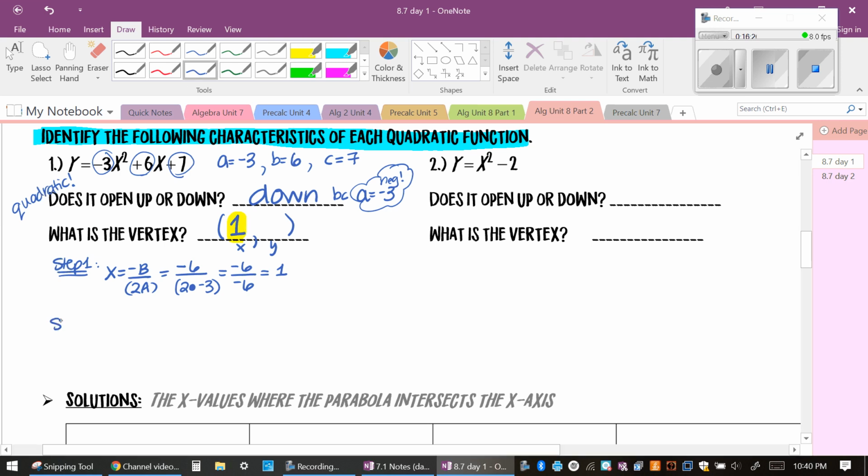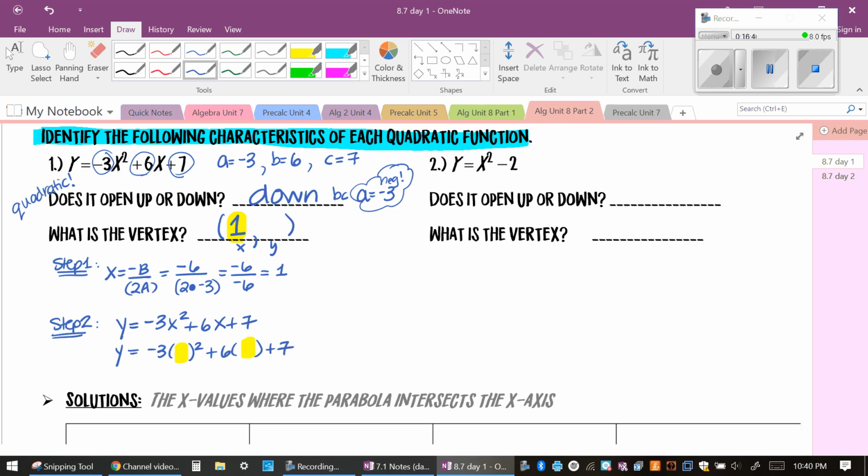Step 2 to find the vertex is to substitute your x value into your equation. I'm going to copy my equation and replace every x value with parentheses so that I can substitute the value I just found. Remember to close your parentheses before you put your exponent in your calculator. We're going to put 1, which is what I got for x, and now my job is to find y.